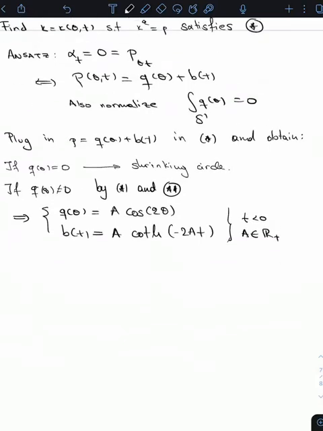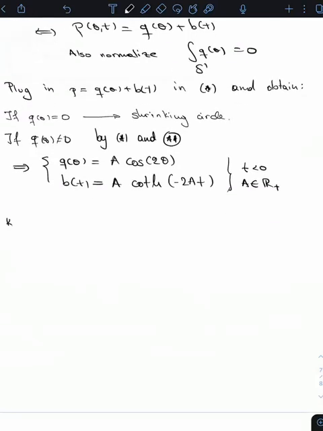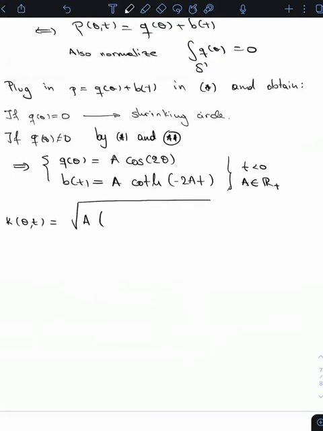Okay, what does this mean? This means that my kappa, which is the square root of p, is positive, because we're looking for convex solutions, and is equal to the square root of q plus b, which is this, plus hyperbolic cotangent -2At.